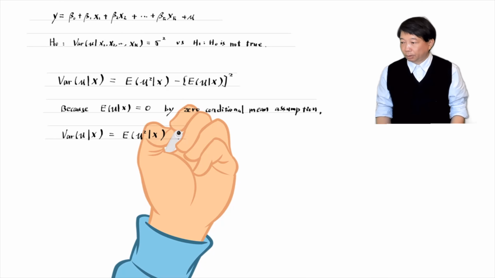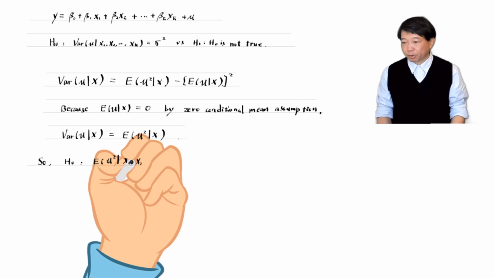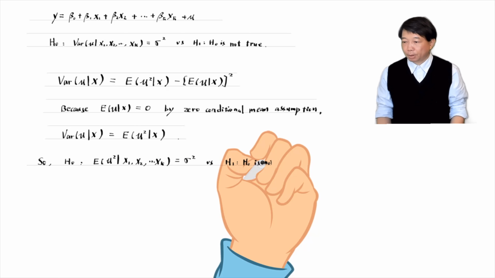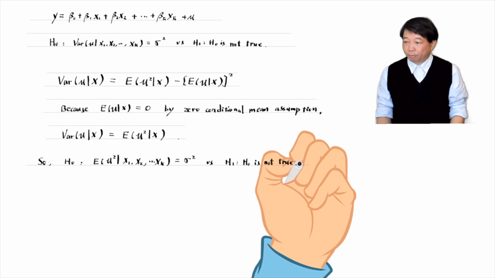So, the null hypothesis of homoskedasticity is equivalent to the following hypothesis. It implies that the square of the error term is not correlated to any of the explanatory variables in the model.